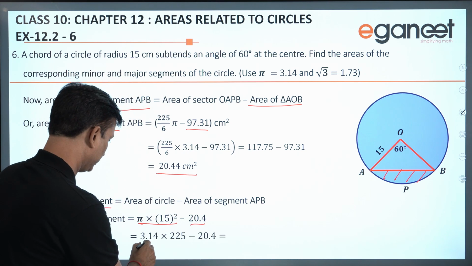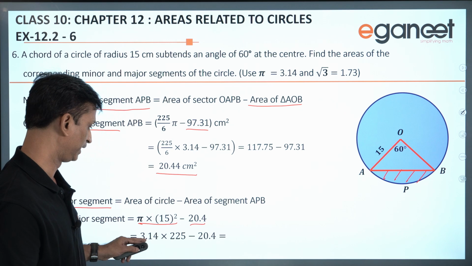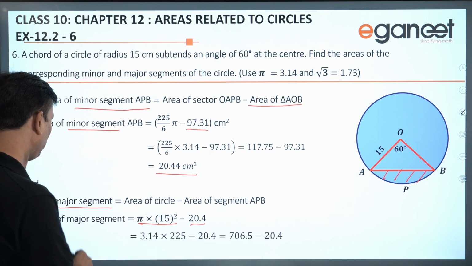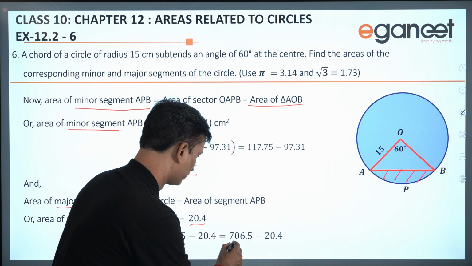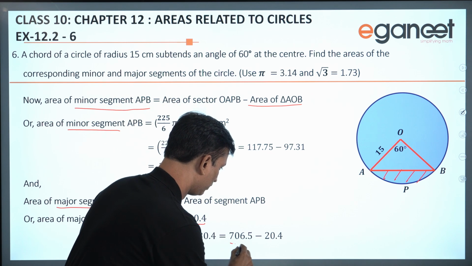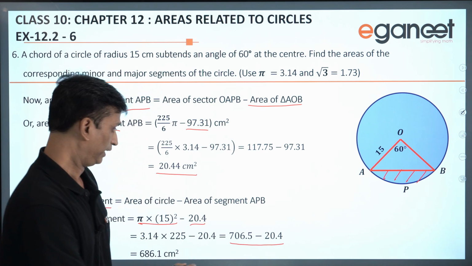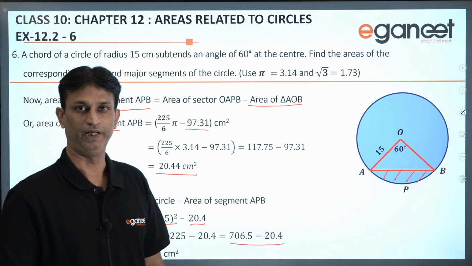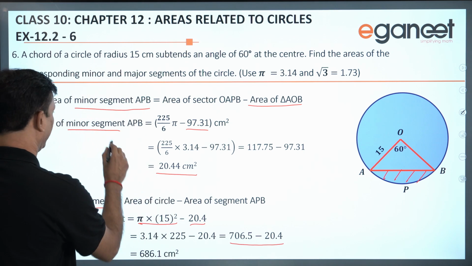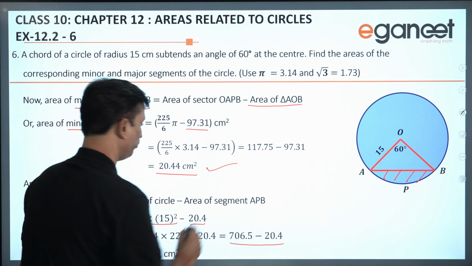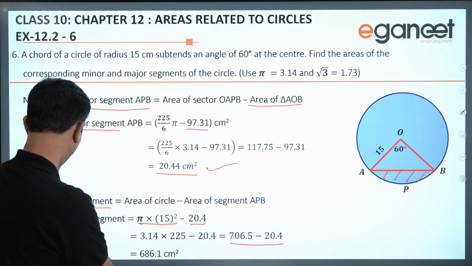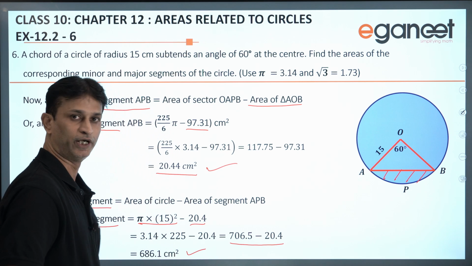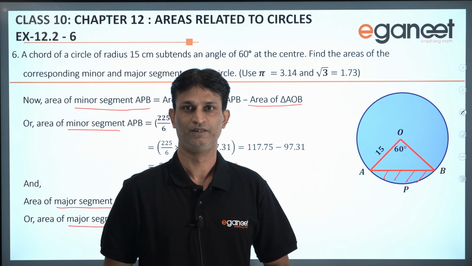On putting the value of pi as 3.14 and solving, we get the area of major segment as 706.5 minus 20.4 equal to 686.1 centimeter square. So the area of minor segment is 20.44 centimeter square, whereas the area of major segment is 686.1 centimeter square.